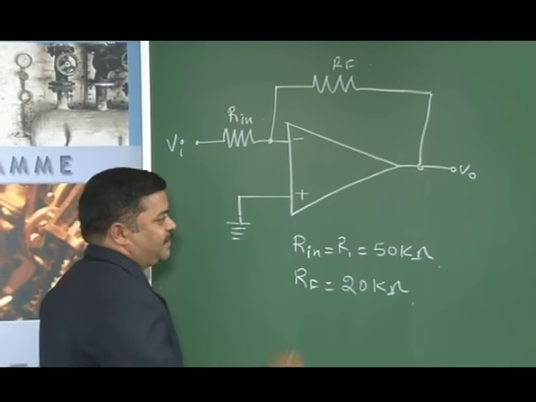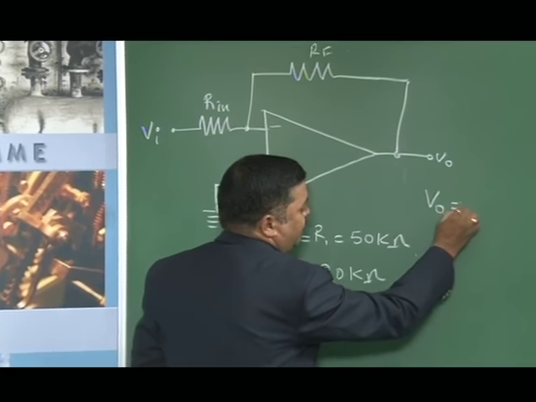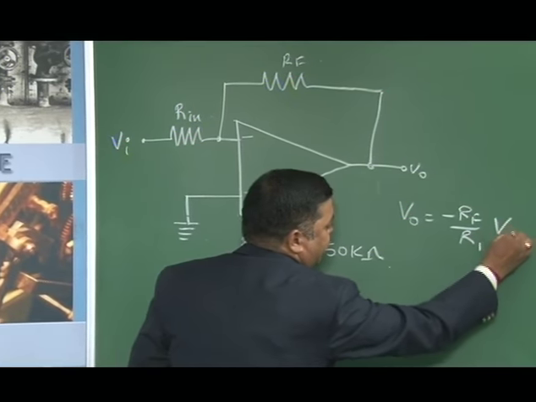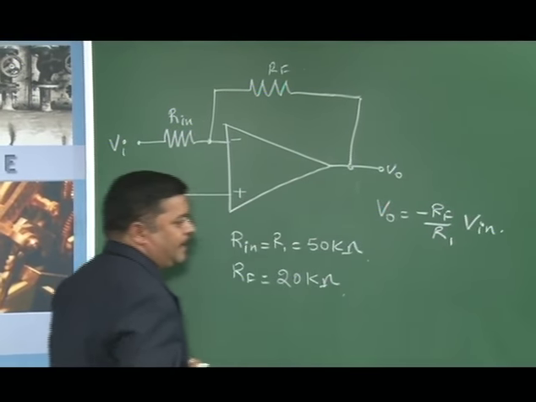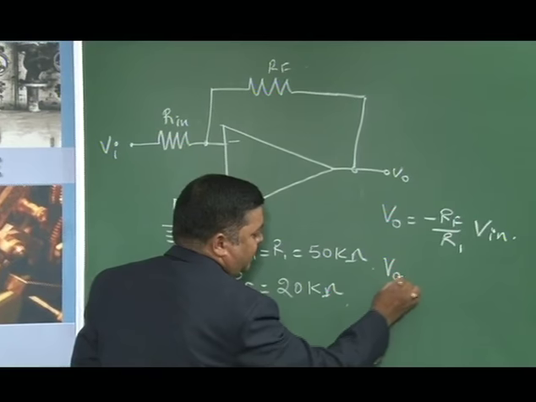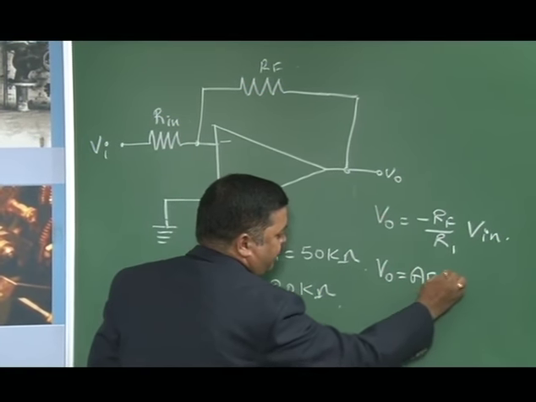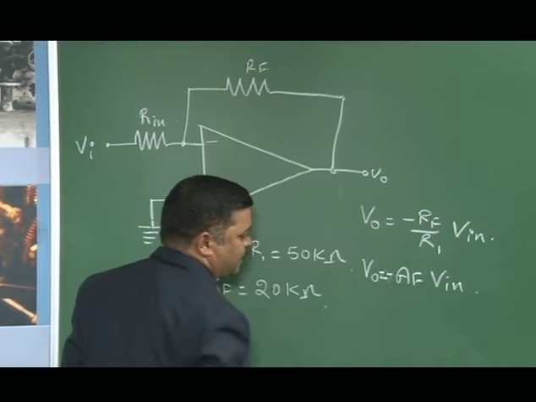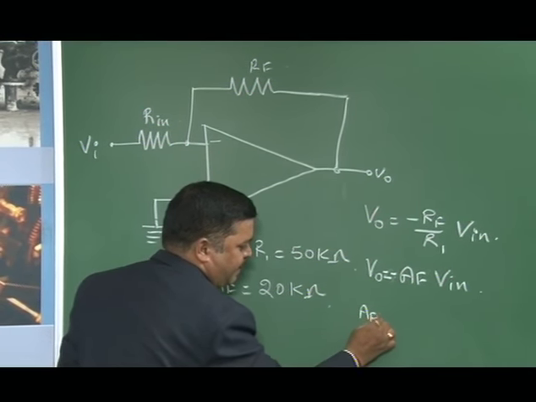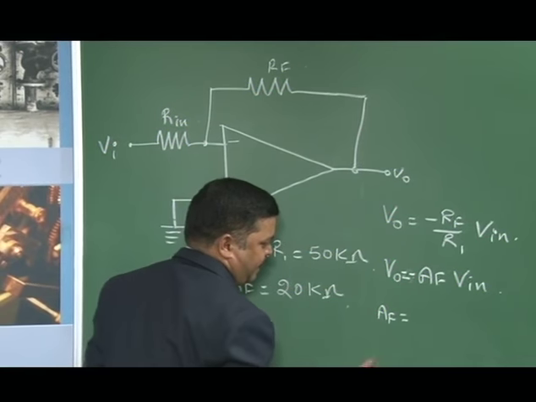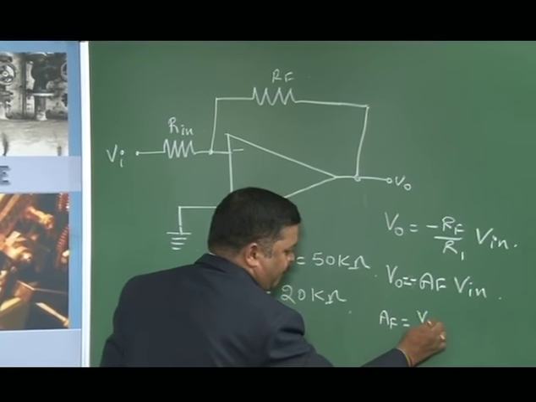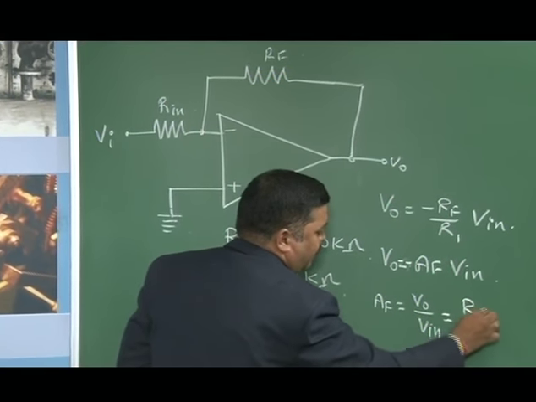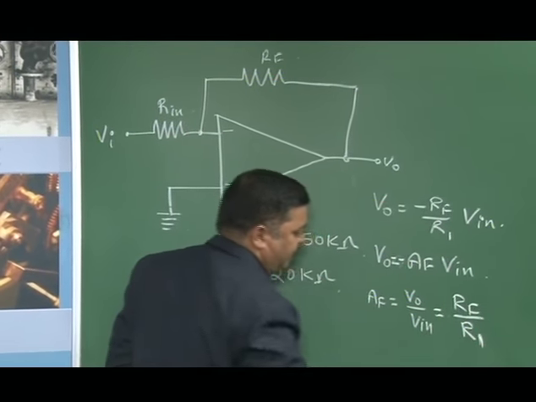We have proved yesterday V naught is equal to minus Rf by R1 times V in, and here V naught is equal to AF into V in, with of course a minus sign. So, what is AF here? AF is the gain of the inverting amplifier, which is given by V naught by V in, which is equal to Rf by R1 or Rin.